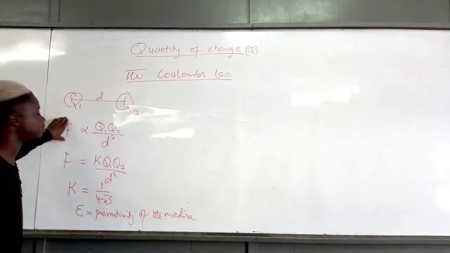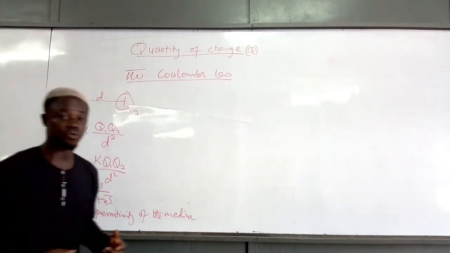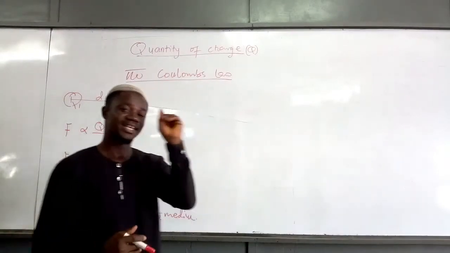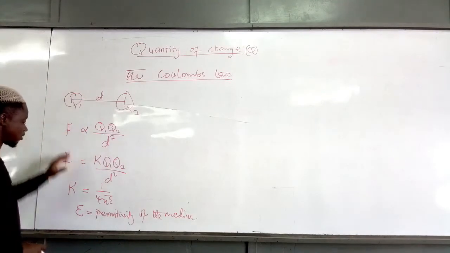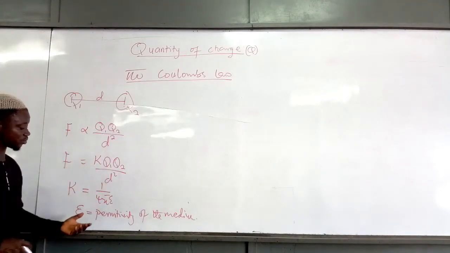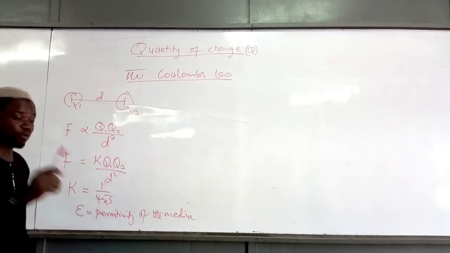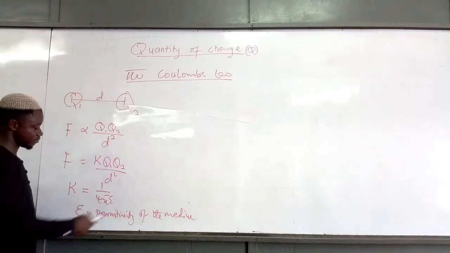So, other characteristics. This particular force depends on the medium in which the two charges are placed. Unlike the gravitational force that is independent of the medium, the electrostatic force, which we call Coulomb's force, depends on the medium in which the two charges are placed. And the property of the medium is the permittivity of the medium.